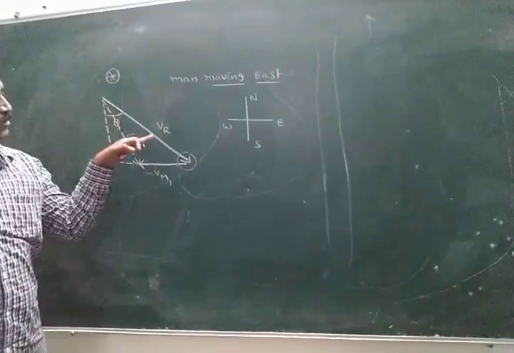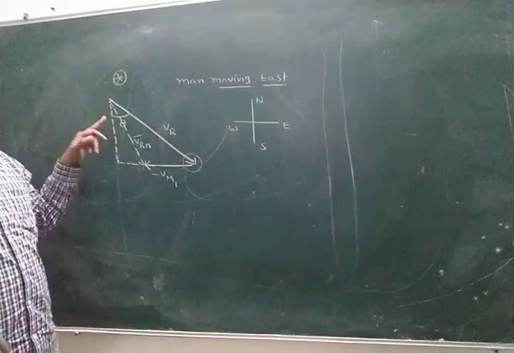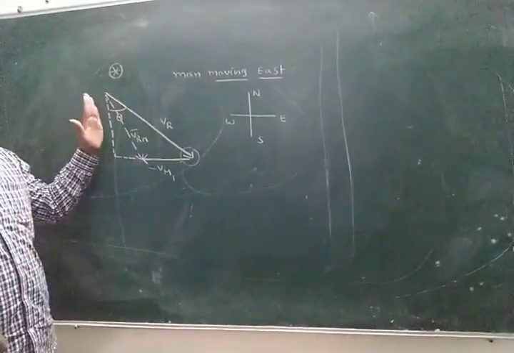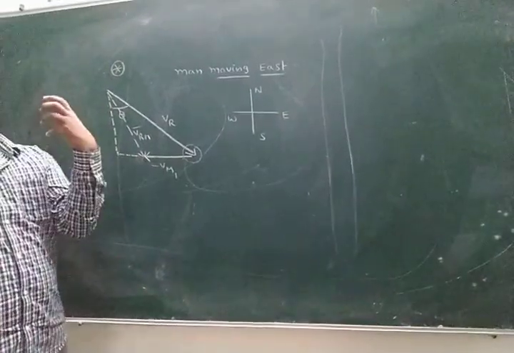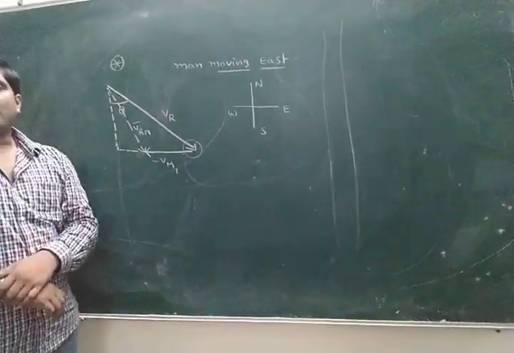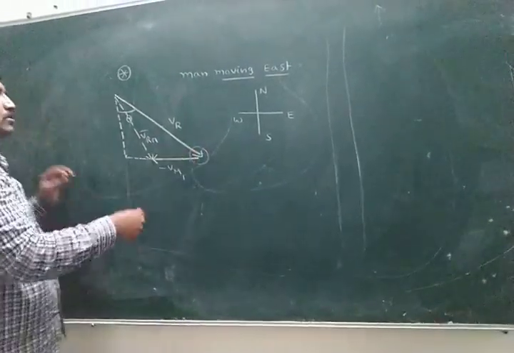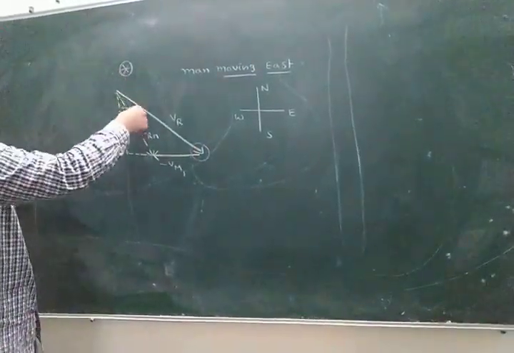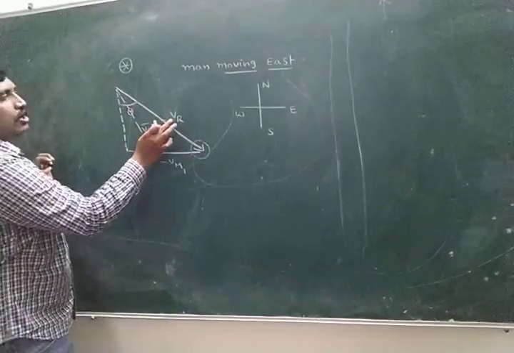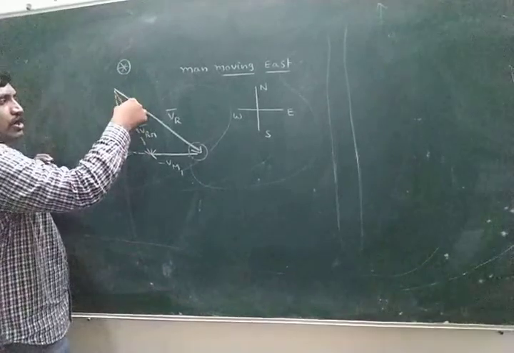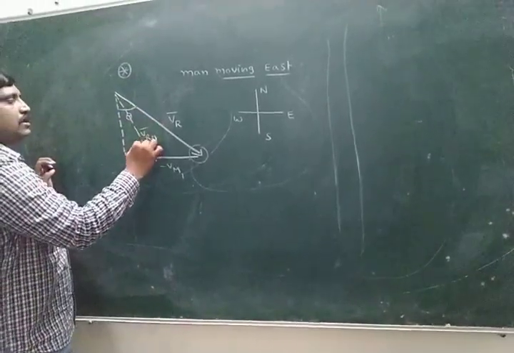Here rain is falling slantwise. It makes an angle theta with the vertical. Here the man is moving eastward, but I assume the man moving westward. This is called apparent rain. This is called the real velocity of the rain. This is called apparent rain.